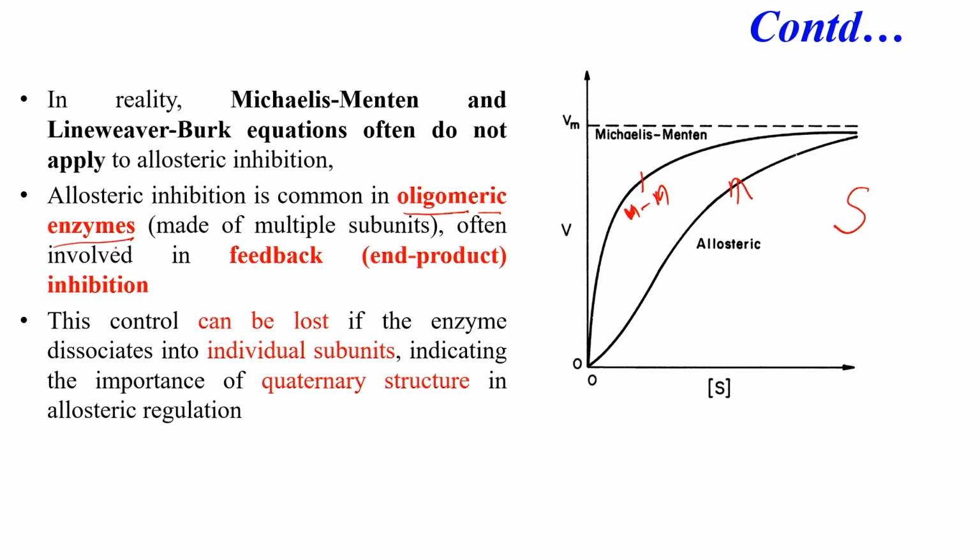Now you can remember the allosteric inhibition is common in oligomeric enzymes. Oligomeric enzymes means allosteric enzymes made of multiple subunits, often involved in feedback or in product inhibition. This control can be lost if the enzyme dissociates into individual subunits. This indicates the importance of the native structure of a protein in allosteric regulation.